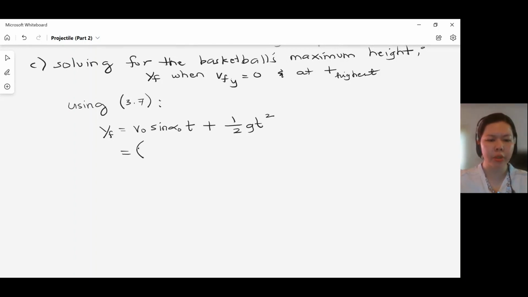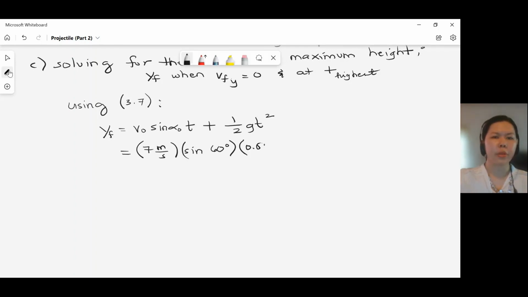Substitute now V naught, 7 meters per second, angle is 60 degrees, and the time we obtained, the time at the highest point, 0.62 second.